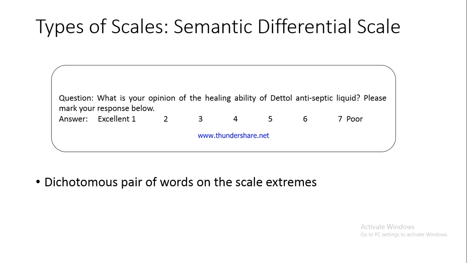So if his response is 4, we can understand that 4 is exactly midway between 1 and 7, which means neither does he consider Dettol's antiseptic liquid's healing ability to be excellent, nor does he consider it to be poor, but he considers the healing ability to be somewhere exactly in the middle, right? So this is what you can make out of the responses marked by the respondent.